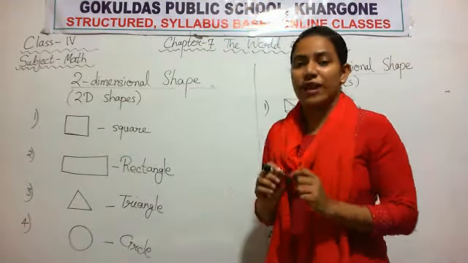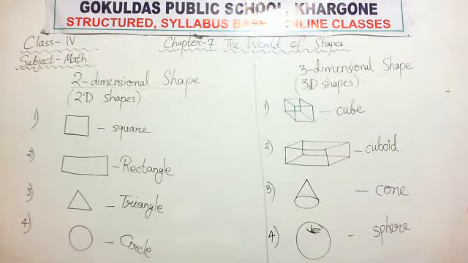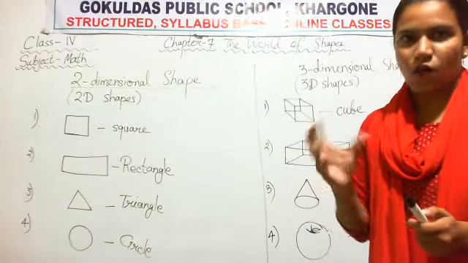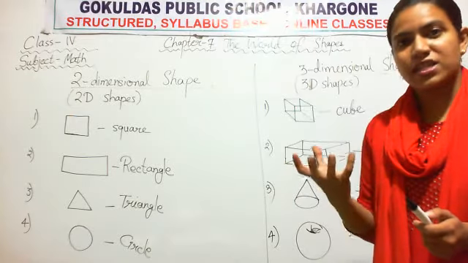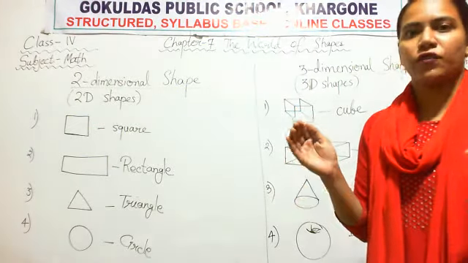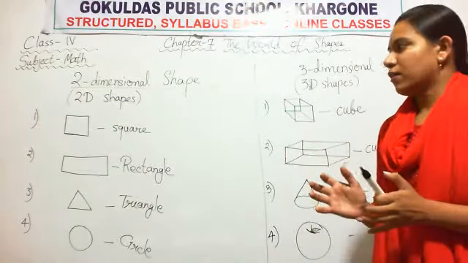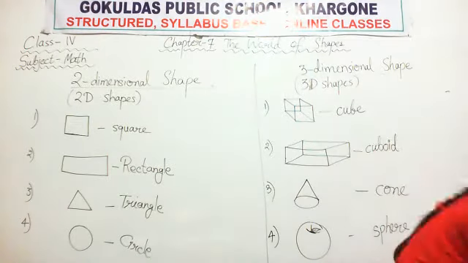Why? Because it is a flat surface. But sphere is a 3D shape. Sphere, if I give you example, orange. Orange is spherical. It is not circle. Orange is spherical because it is a solid shape. Your football, it is also an example of sphere. Basketball is also example of sphere.